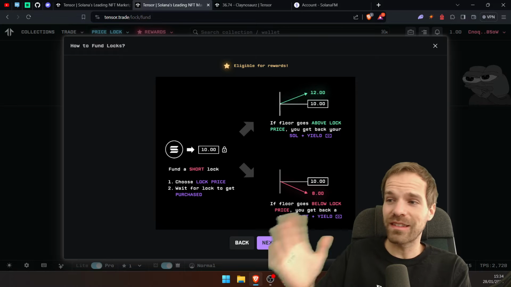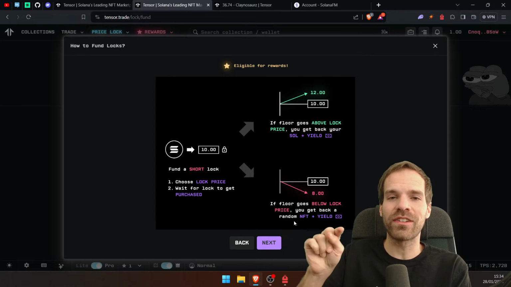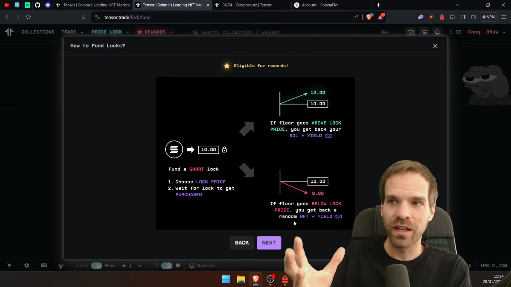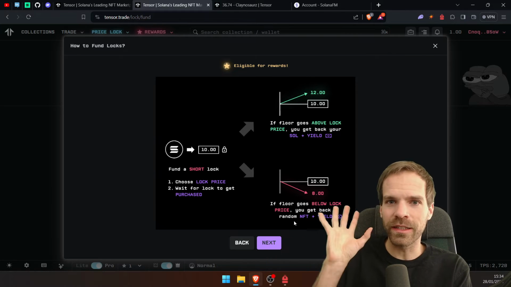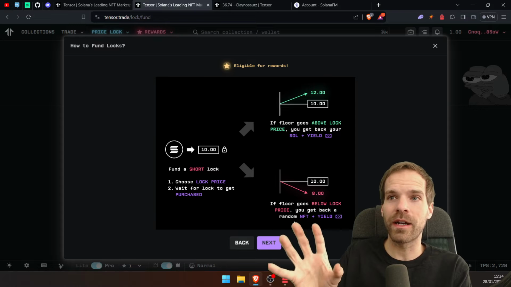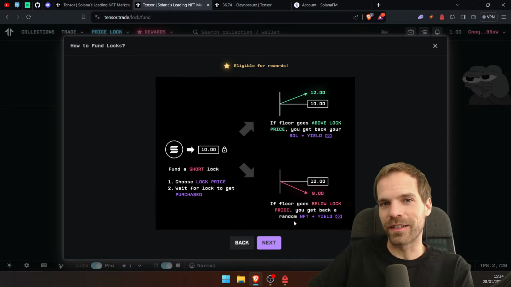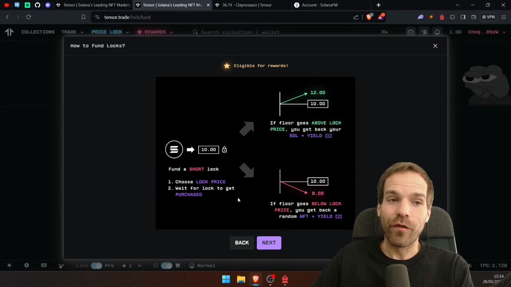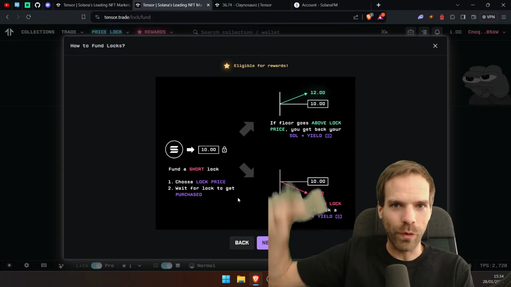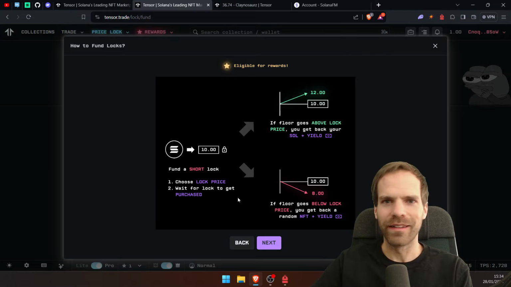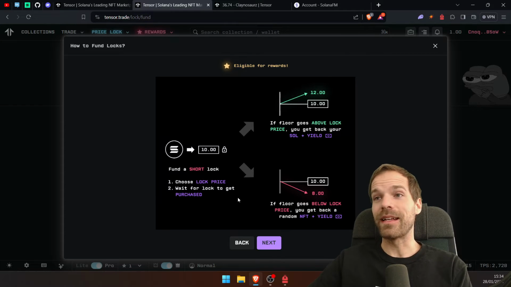And if stuff stays stable, that's when the funders, the liquidity providers, liquidity being NFTs or SOL, make money. In a stable market, the people funding make the money, but in an up and down market, it's the ones buying the locks. And of course, in both scenarios, it's always the side that is on the right trend that makes the money. Oh, I hope what I'm saying makes any sense.